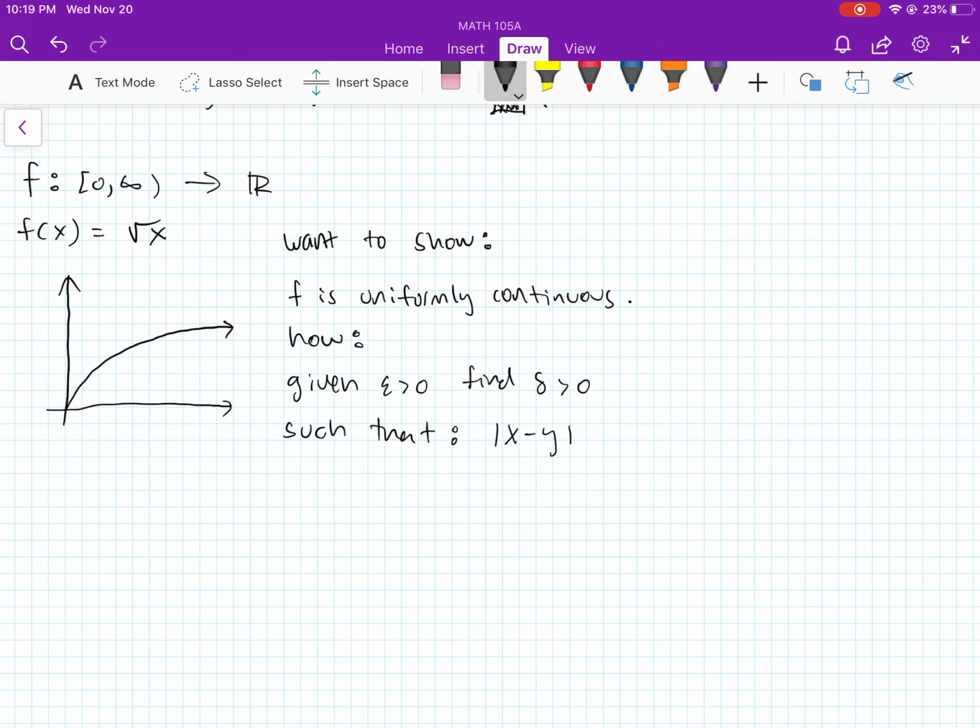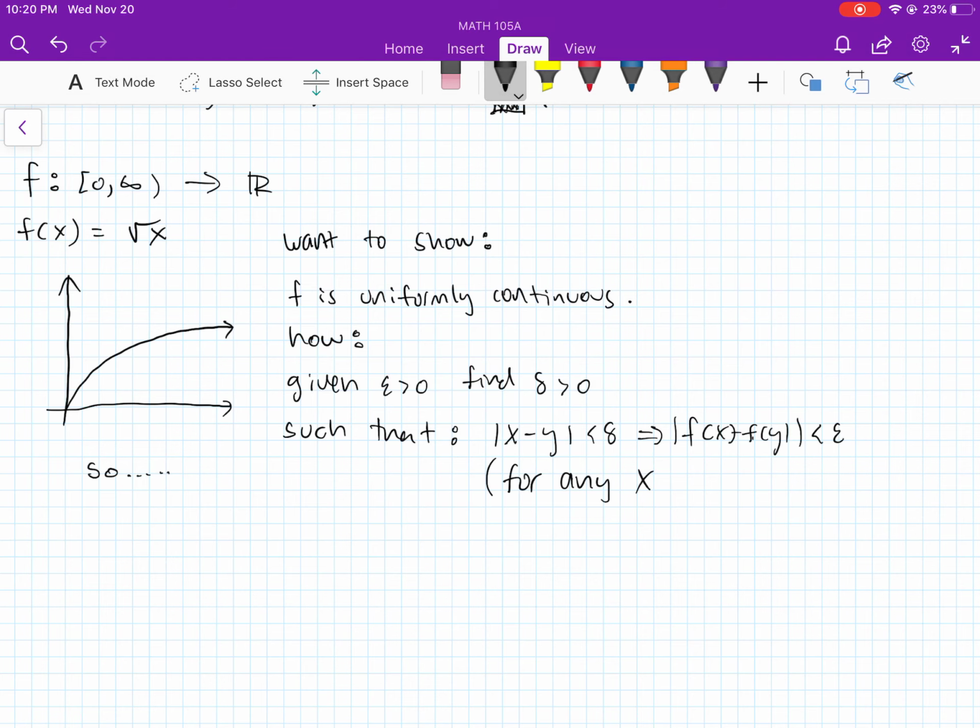So it should only depend on epsilon and constants, or I'm not really sure exactly, but I know it shouldn't have x or y, right? Because that's the definition of uniformly continuous, that we should find a delta that works for all of them, for all the x's and all the y's.